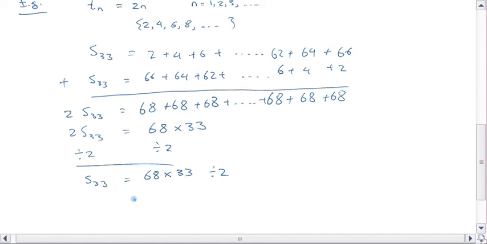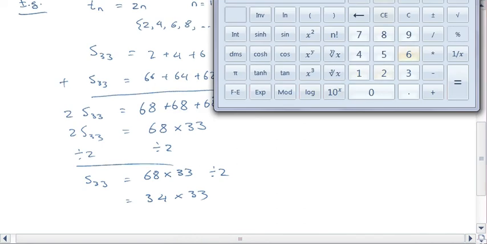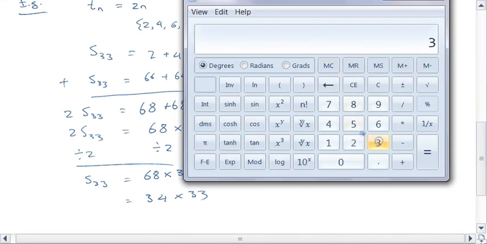You can work this out on your calculator, but 34 times 33 is equal to 1122.